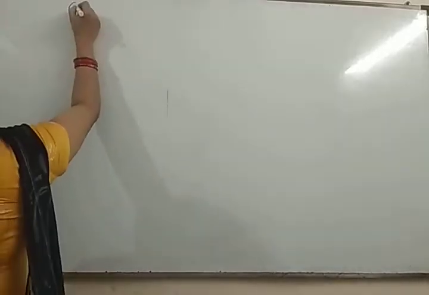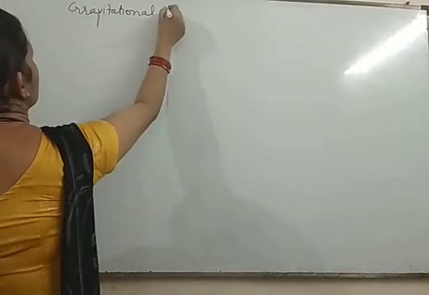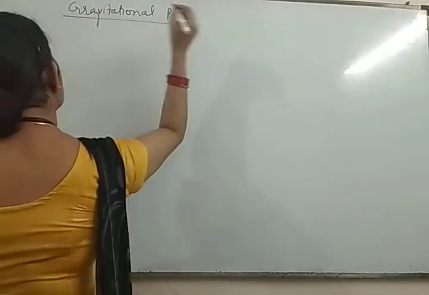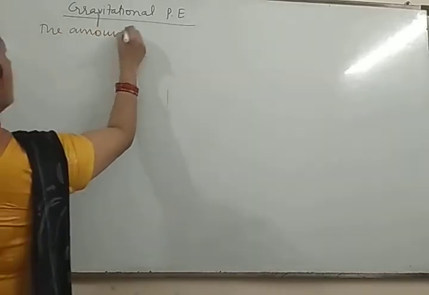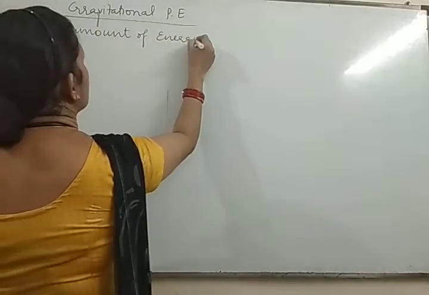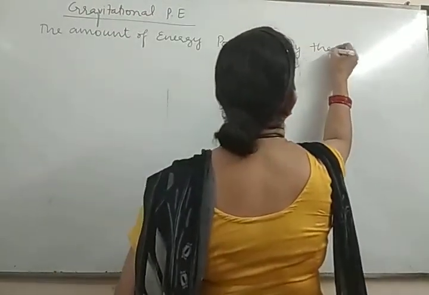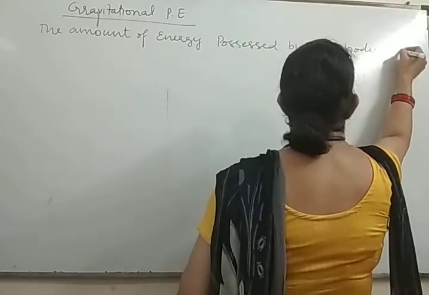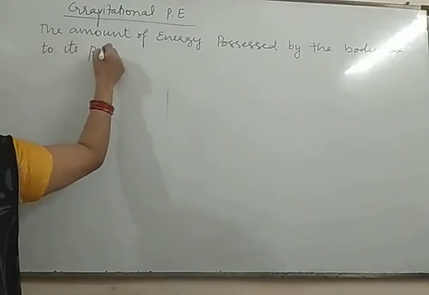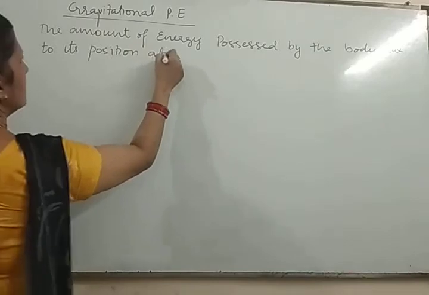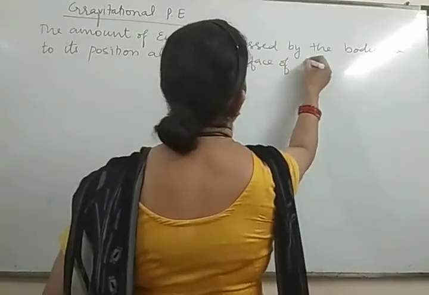The type of potential energy is gravitational potential energy. Gravitational potential energy, you can write, is the amount of energy possessed by the body due to its position above the surface of the Earth.